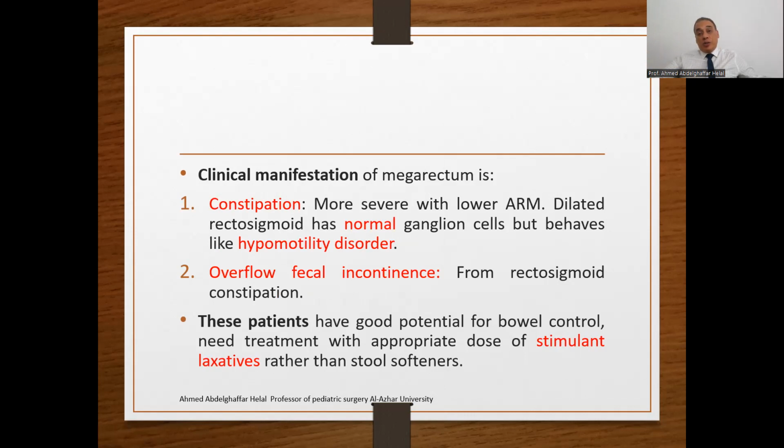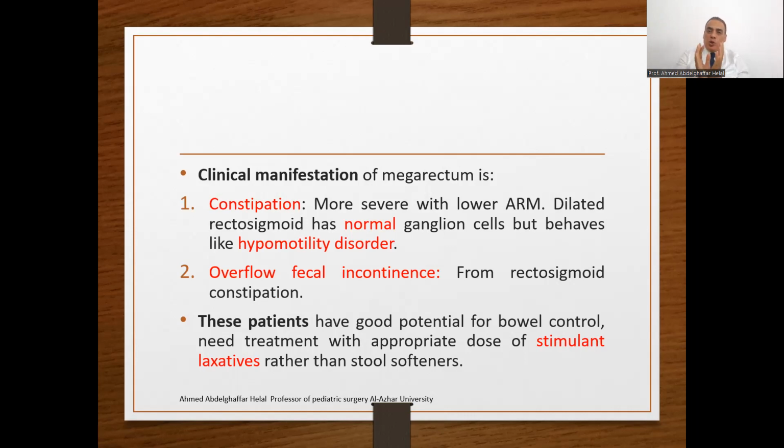The dilated rectosigmoid has normal ganglia but behaves like a hypomotility one. Then after constipation, there may be overflow fecal incontinence. These patients have a good potential for bowel control, and need treatment with an appropriate dose of stimulant laxative rather than stool softening.